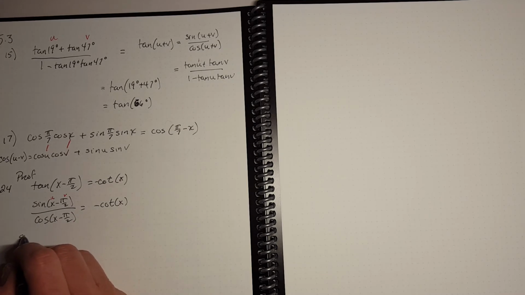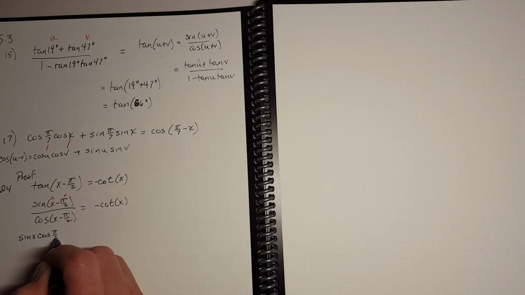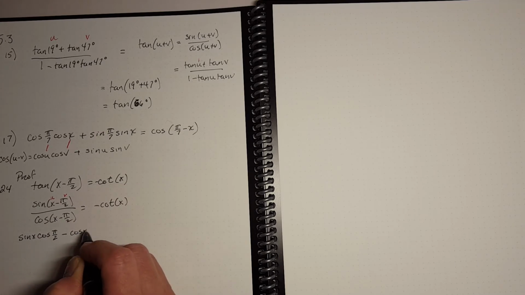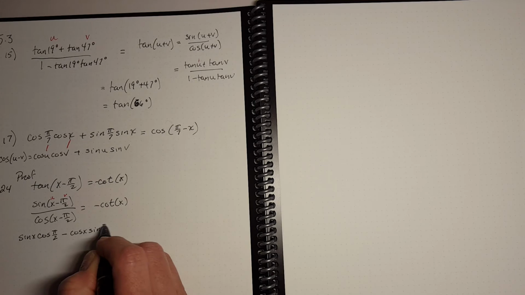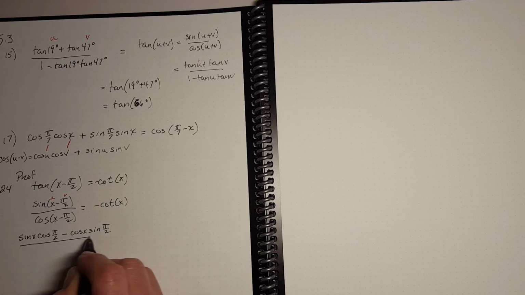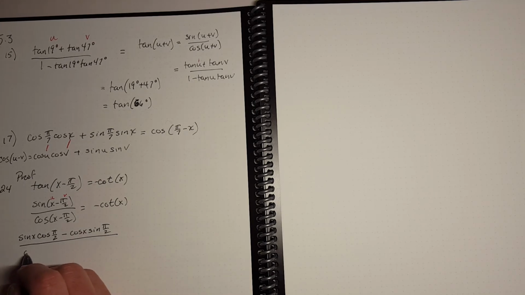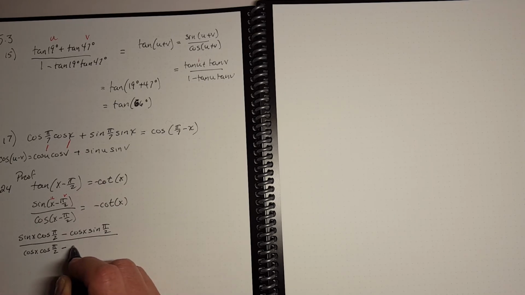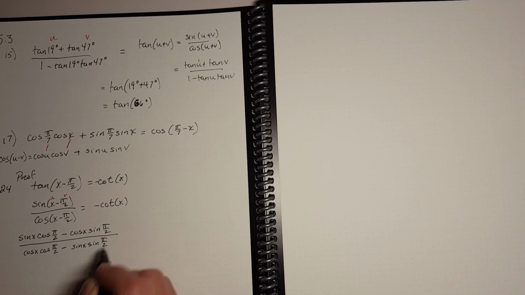So we would have sine x cosine pi over 2 minus cosine of x sine of pi over 2, over cosine of x cosine of pi over 2 minus sine of x sine of pi over 2.